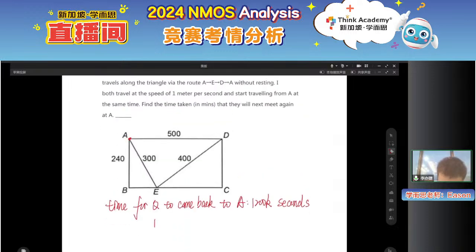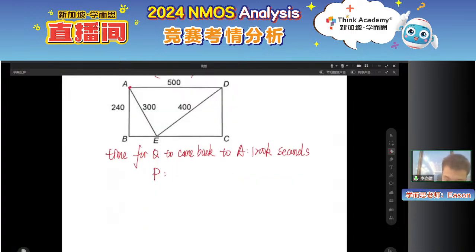And for P to come back, each circle taken by P has a travel time of 240 plus 500 times 2, which is 1480, right?